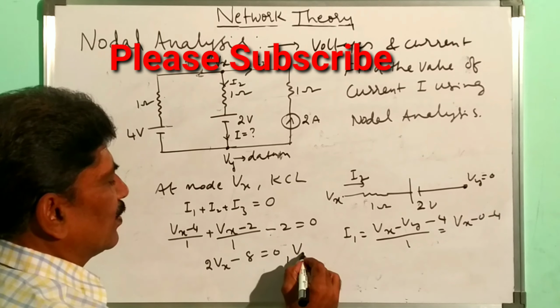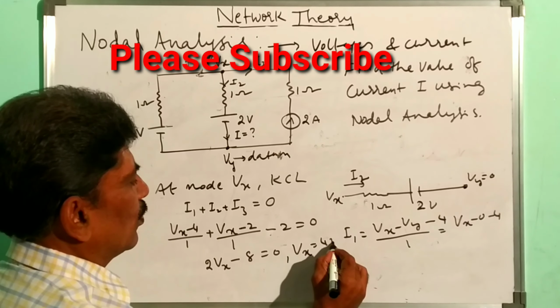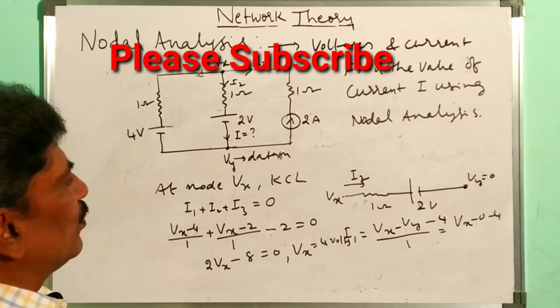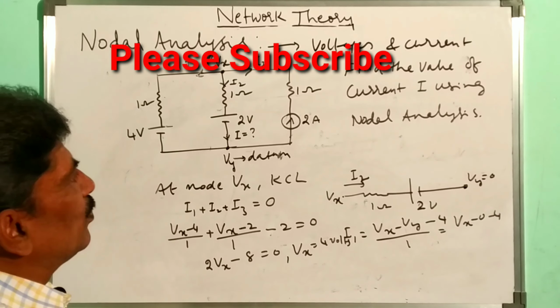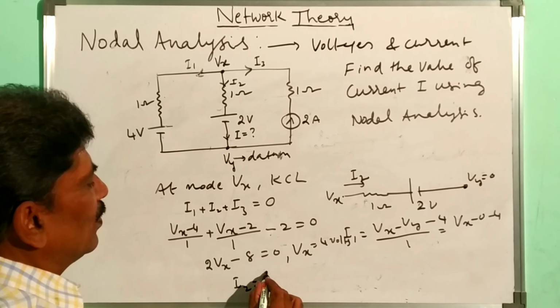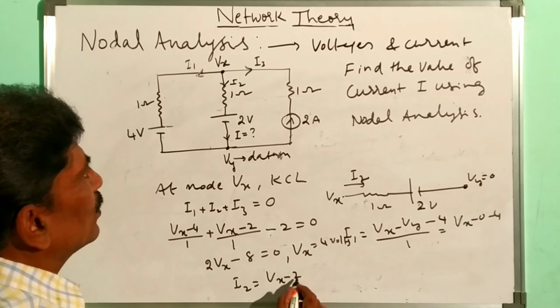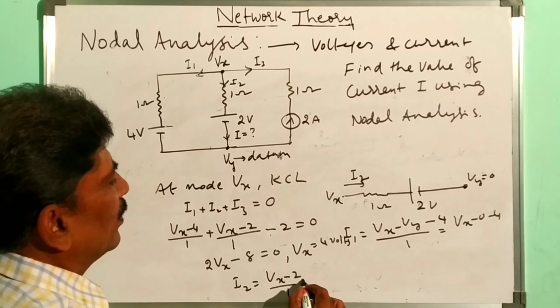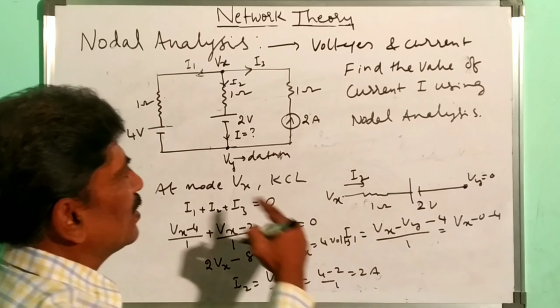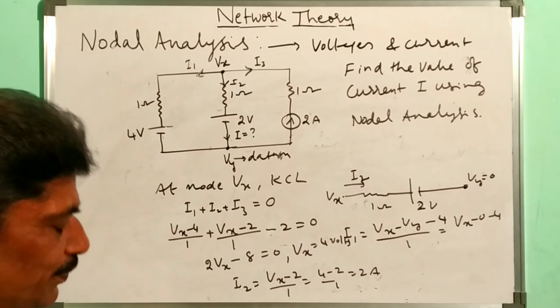So Vx equal to 4 volts. When Vx equals 4 volts, how to find out I2 now? I2 is equal to Vx minus 2 by 1, which is 4 minus 2 by 1, equal to 2 amperes. That is the answer. Okay.